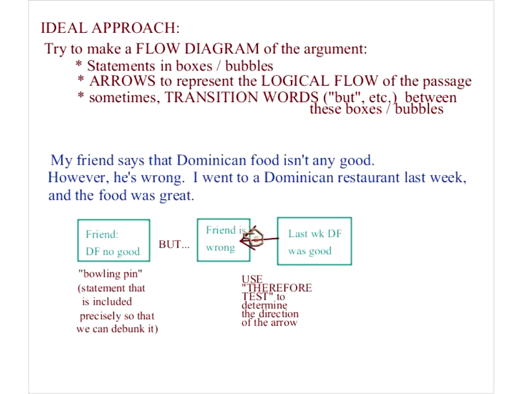So if you try, my friend is wrong, therefore last week's Dominican food was good, that makes no sense at all. But if you say last week's Dominican food was good, therefore my friend is incorrect, there you go. So the advantage of a flow diagram is that it lets you identify as precisely as you can the role played by the statements in the passage.